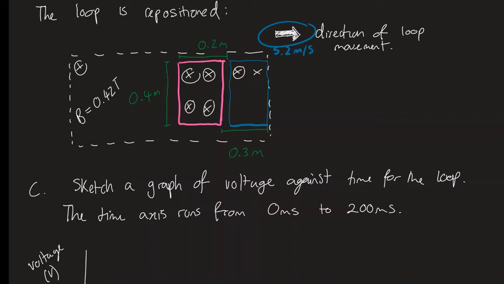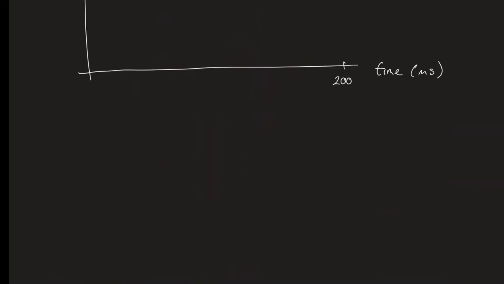It's in the same field with the same strength, and it's got the same area. So its BA doesn't change, its flux doesn't change. So for the first 0.3 meters of travel, from 0 to 0.3 meters, the change in flux is 0. It stays the same.